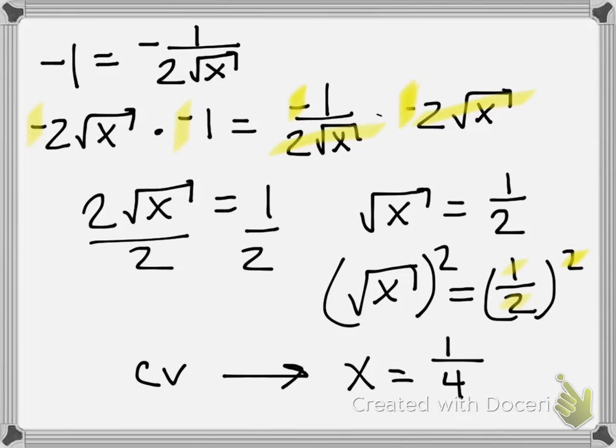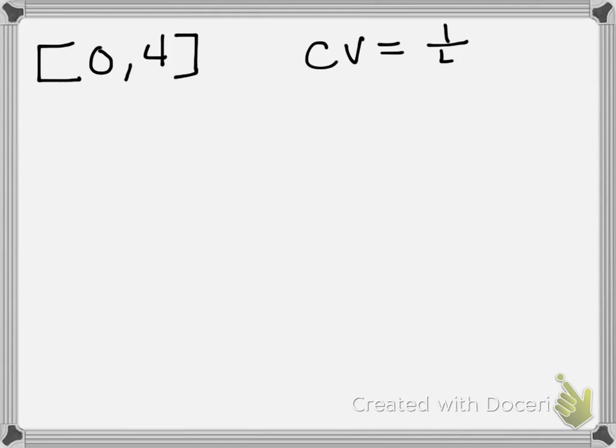So since we have a critical value, we need to check our critical value to make sure that it's in our interval. And we were initially given that our interval was from 0 to 4. And our critical value was equal to 1/4, which does check out that it is within that interval.